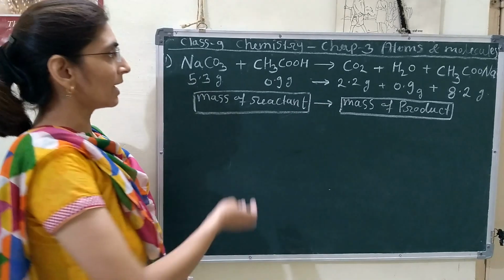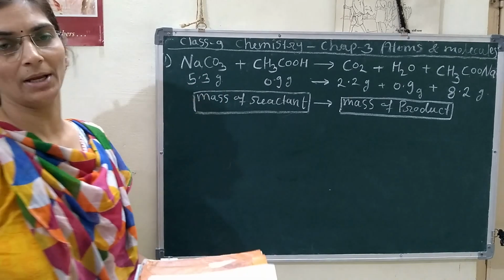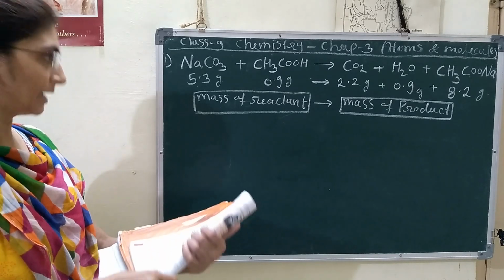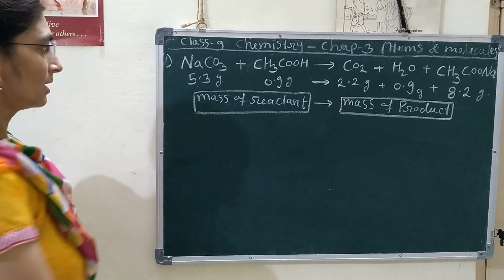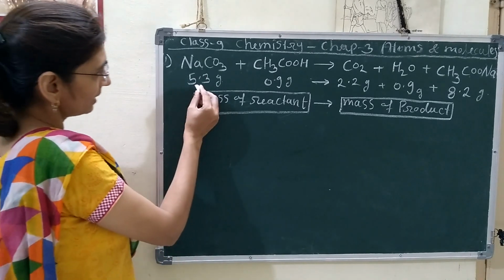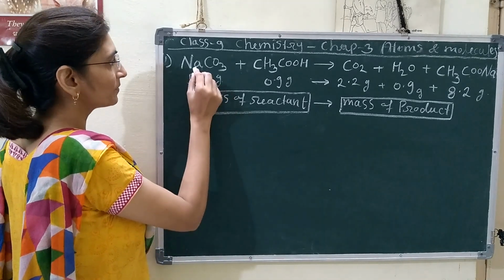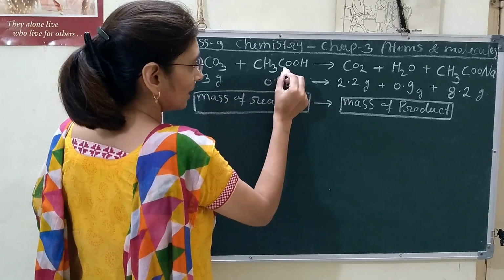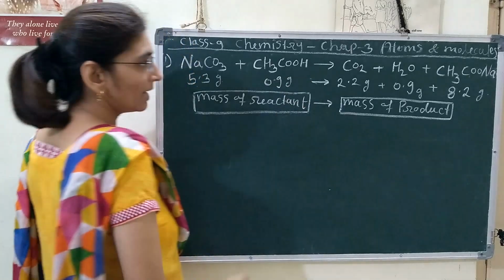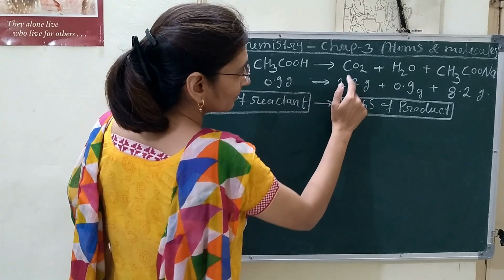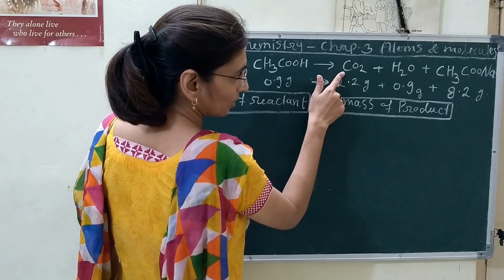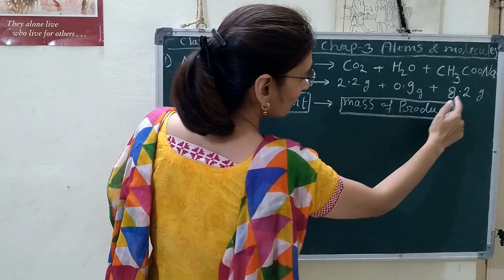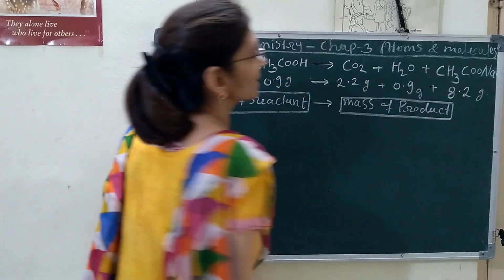So depending on that, we will see the first numerical from your NCERT textbook, from page number 32. The first numerical is here. 5.3 gram of sodium carbonate is reacted with 0.9 gram of ethanoic acid. Then it will give the product 2.2 gram of carbon dioxide and 0.9 gram of water, and again 8.2 gram of sodium acetate.